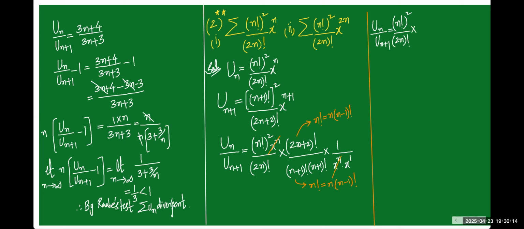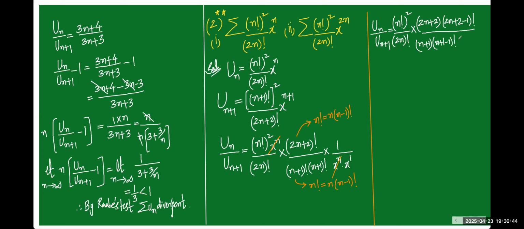Now assuming n factorial, how to write: n into n minus 1 factorial, means 2n plus 2 minus 1 factorial divided by, applying this formula individually for this term and for this term, n plus 1 into n plus 1 minus 1 factorial.